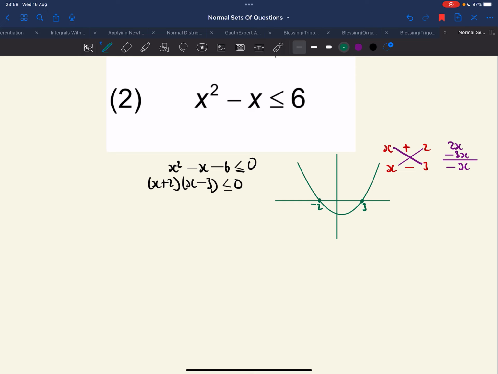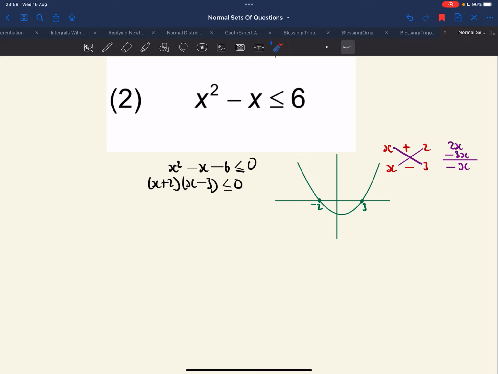After that, according to this kind of equation, we have to look at the parabola where the expression, or the function, is less than or equal to 0. So we have to look at where the function x squared minus x minus 6 is less than or equal to 0.